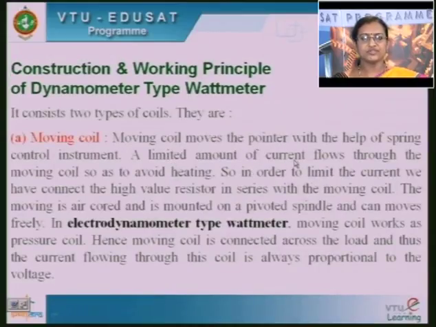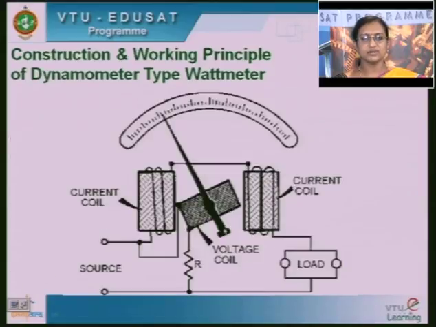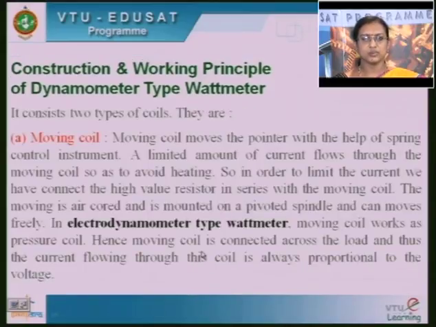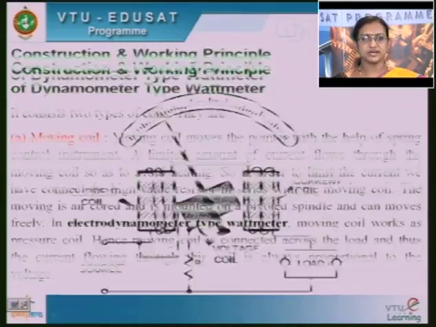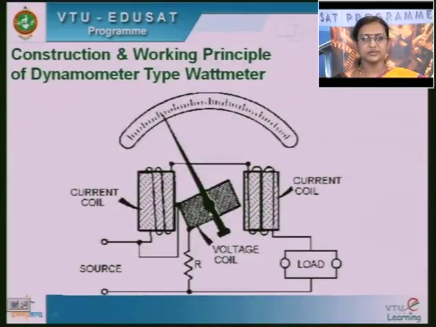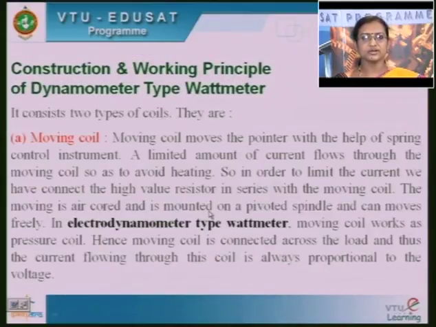A limited amount of current flows through the moving coil so as to avoid heating. To avoid this heating, you connect a high value series resistor, because if the current increases, the heat will also increase. The moving coil is air cored and is mounted on a pivoted spindle.